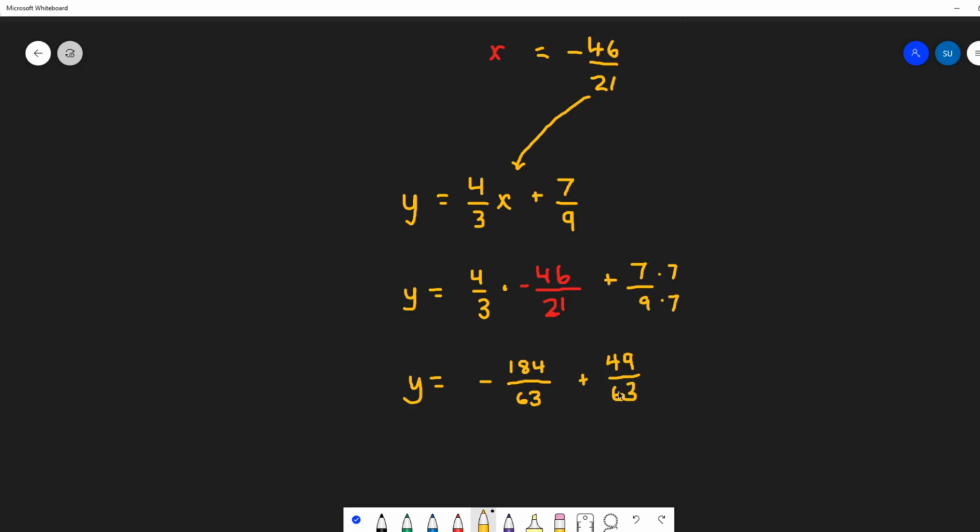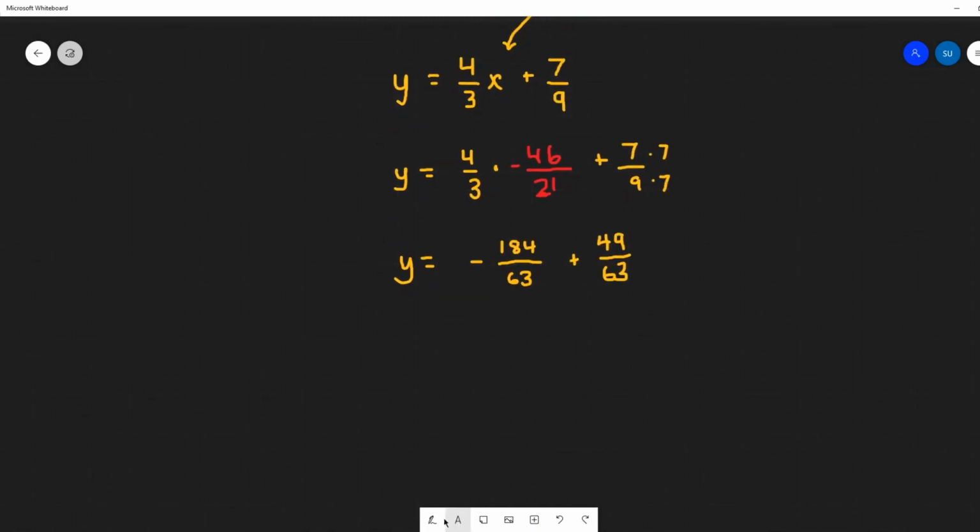And now we can do negative 184 plus 49, which will give us a final answer of y equals... negative 184 plus 49 is, let me just do that in the calculator. I don't feel like doing that mentally right now. 184, 49. Okay, it'll give us negative 135.